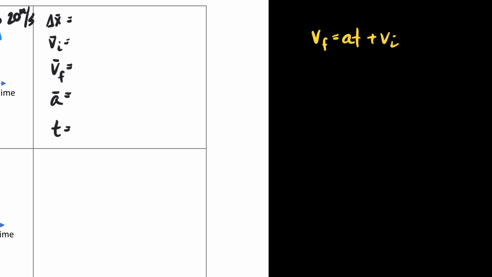How many of those variables are in this relationship? 4. Thank you. How many of those variables are in this relationship? I just moved the T to the end. And how many of those variables are in this relationship?